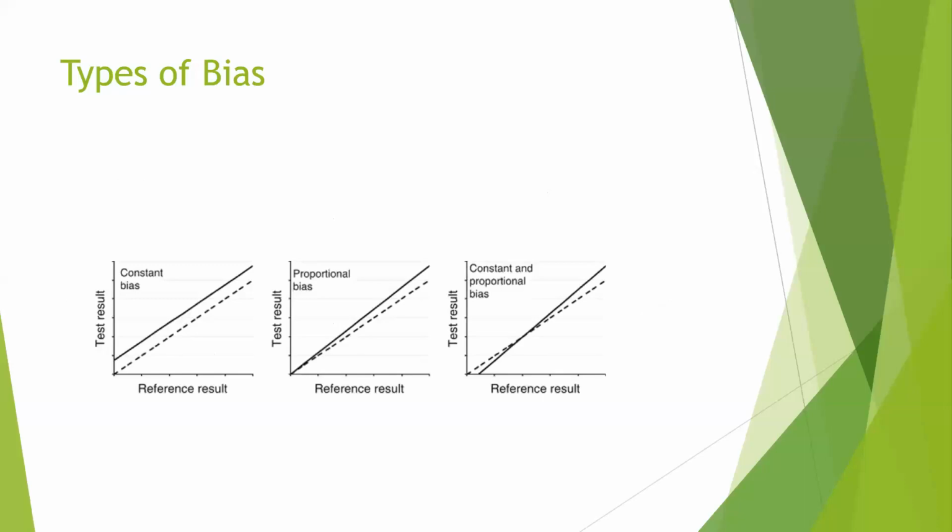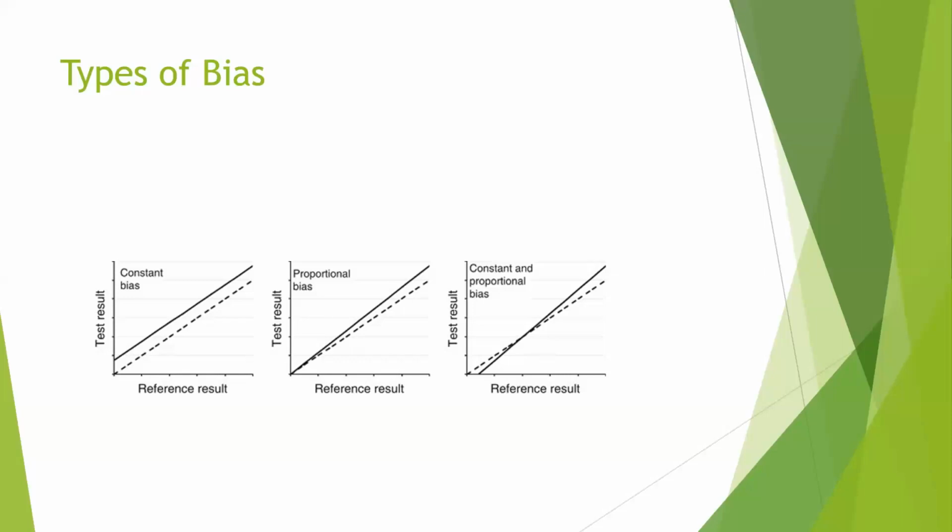This is a little diagram to show you. There is a test result and there is a reference result. Test result is on the y-axis, which we are testing for the bias, and the reference result, which we take as the assigned value or the reference value, is on the x-axis.